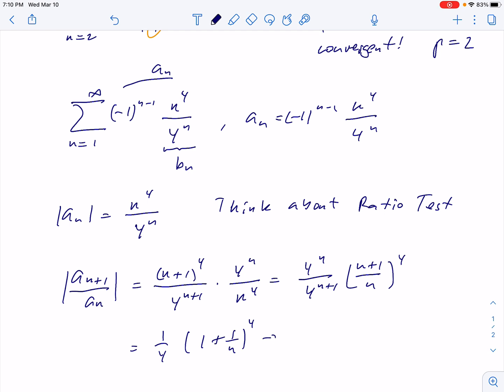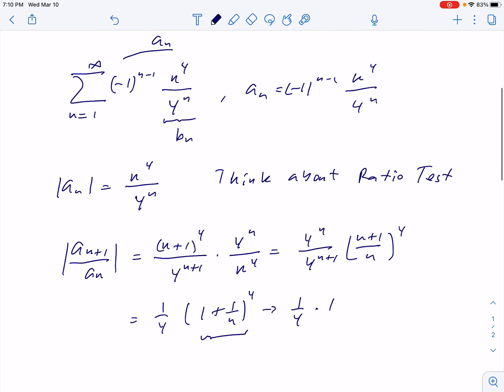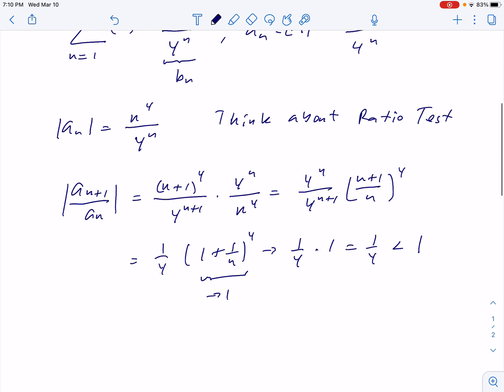And this has a limit. The limit is 1/4 times 1, because the expression in the parentheses approaches 1, and 1 to the fourth power is 1. So the final limit is 1/4, which is less than 1. And the ratio test says that the series is absolutely convergent.